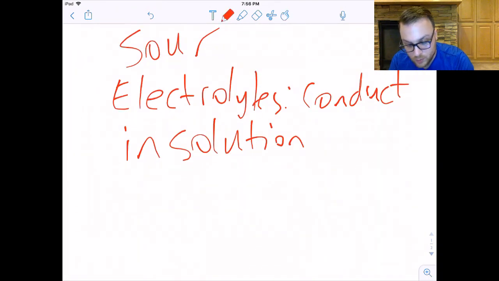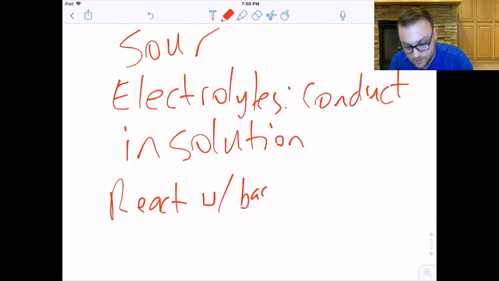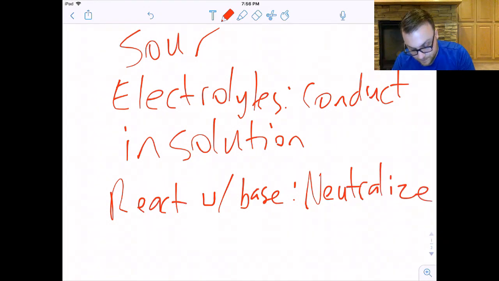They will react with a base. And we call that neutralization. So when you react an acid with a base, you neutralize it. It's a double replacement reaction.